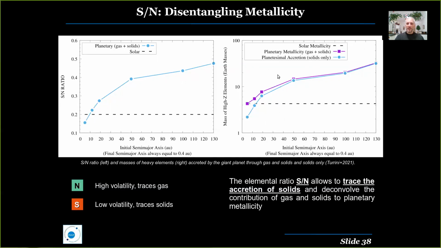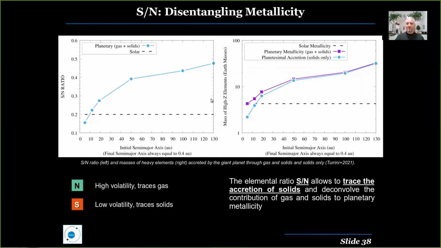However, you can see that in the innermost region, because the mass accreted in terms of solids decreases, the contribution of heavy elements of the gas becomes comparable to that of solids. In this case, the metallicity derived through the mass radius relationship will be higher than that derived through the sulfur over nitrogen ratio.